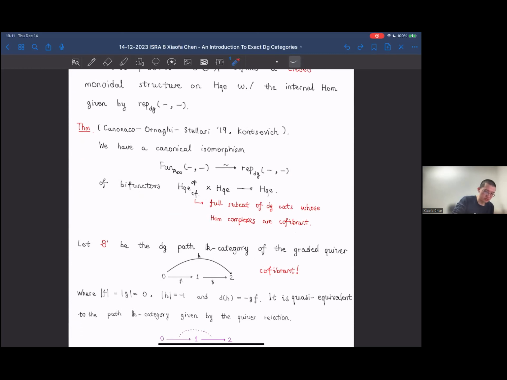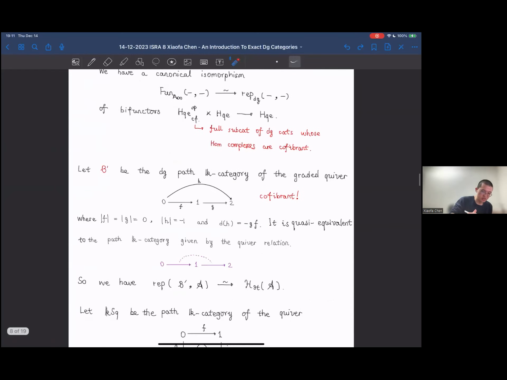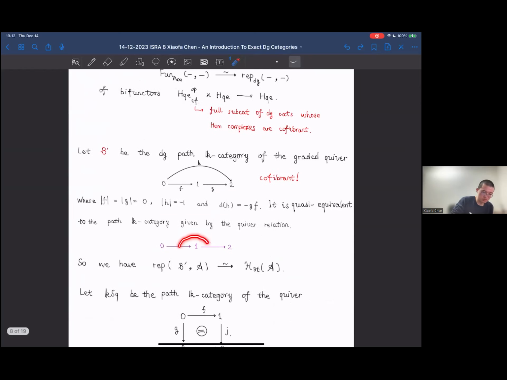So, because our category of three-term homotopy complexes is defined by H0 of this, and we have such an isomorphism of bifunctors, we can use Rep DG to define this category of three-term homotopy complexes. So let me first introduce the category B prime. It is a resolution of this category.